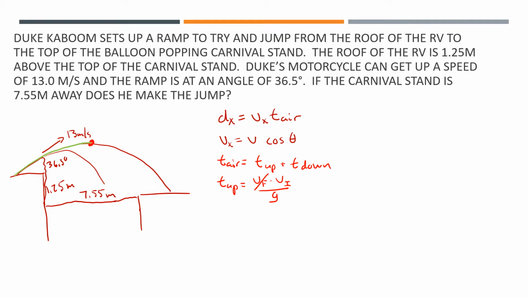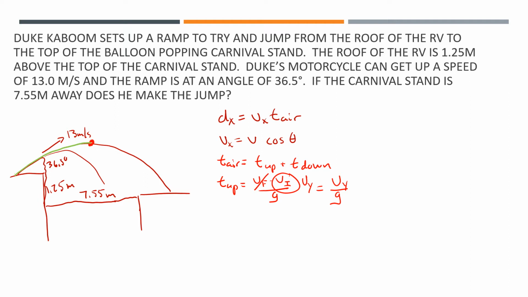So at the peak, our vertical velocity is 0. Our initial velocity right here is not Vi, but it's actually Vy. So our equation for the time to go up is whatever our y velocity is initially divided by the acceleration due to gravity.